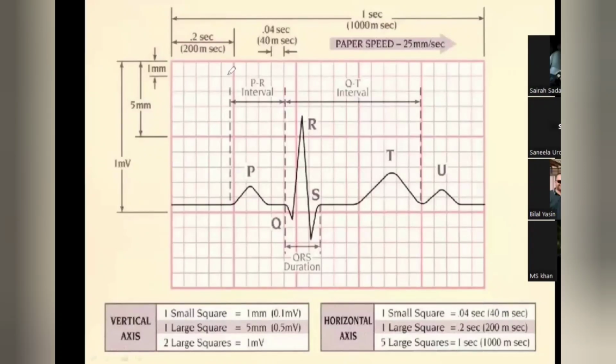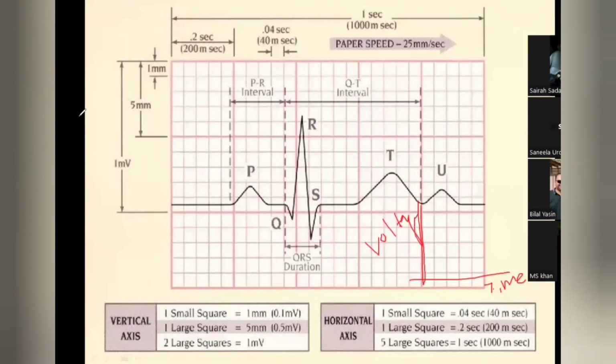Here, as you can see again, there is the horizontal axis on which we take time, and a vertical axis where we take voltage. Let me draw it for you again. This is the vertical axis, and this is the horizontal axis. Here we take time in seconds, and on the vertical axis we take voltage.